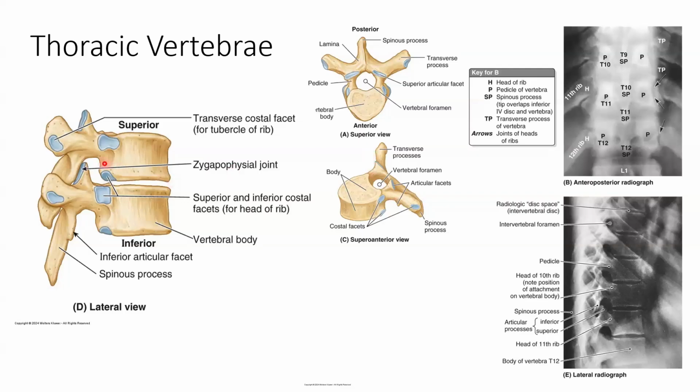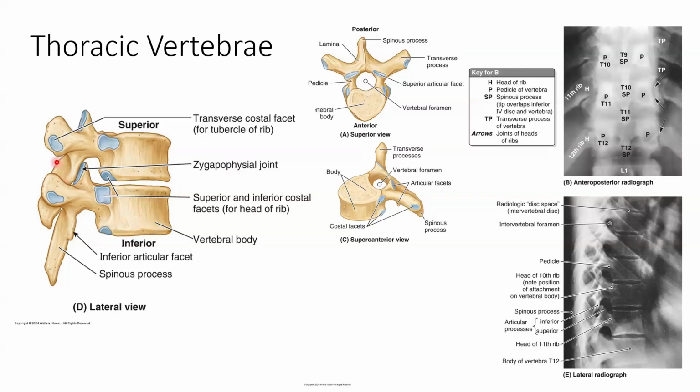You can see here too, I talked about long down sloping spinous processes. These spinous processes are sloping downward such that the bony projection you're going to feel on palpation is actually overlapping the vertebral body of the one below it.